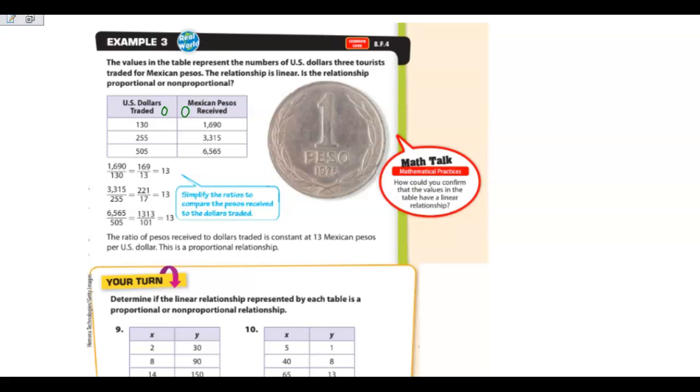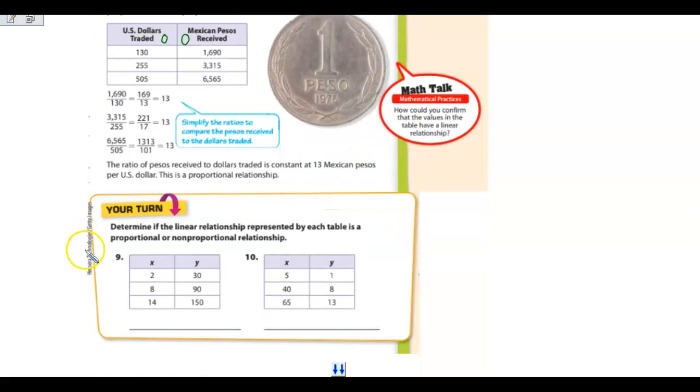Let's take a look at the your turns. So on number 9, they want us to determine if the relationship represented by each table is proportional or non-proportional. And remember, one of the first things we did was to look to see if there's a constant. So if I take 30 and divide it by 2, so 30 over 2, that's going to give us 15.